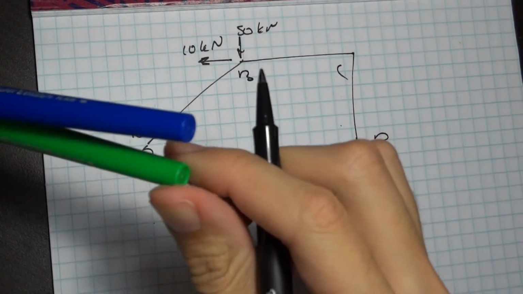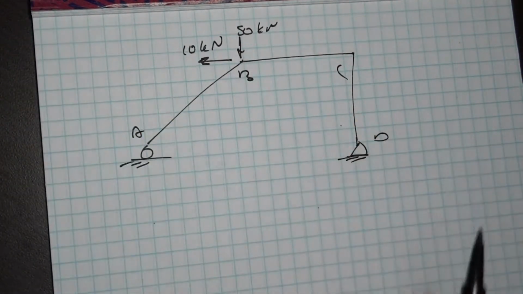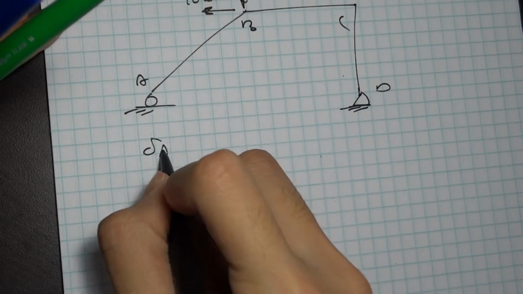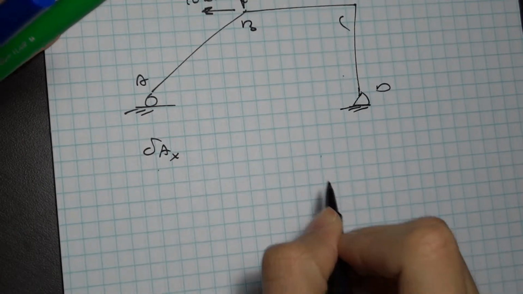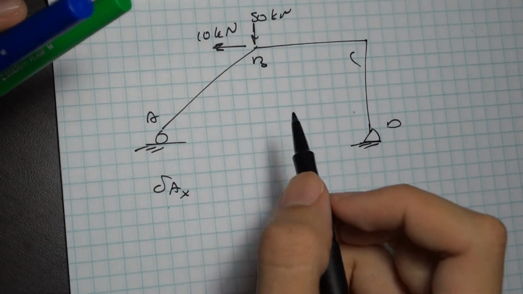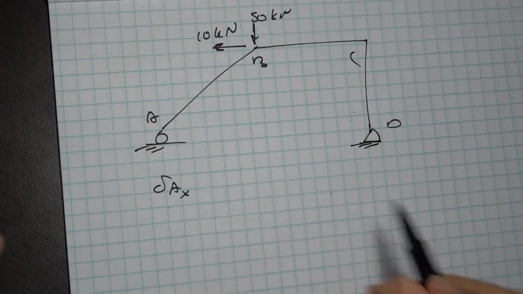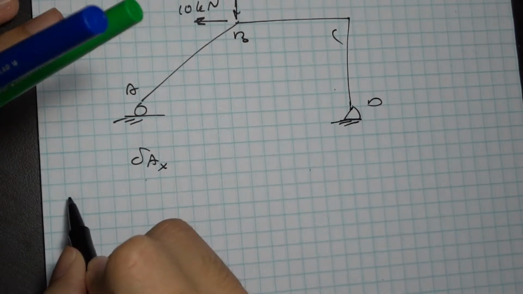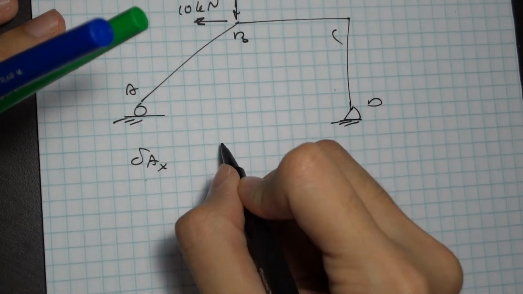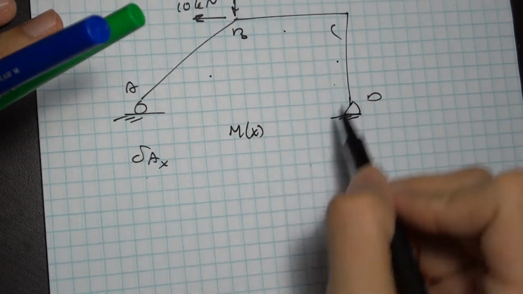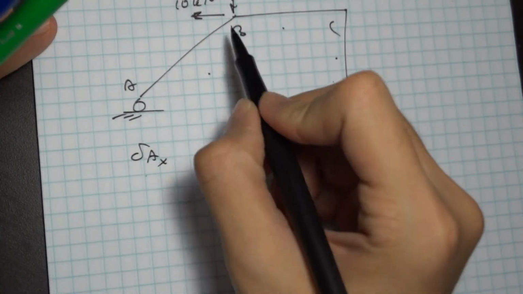But yes, if we want to find, let's start by finding delta AX, the horizontal displacement in the x direction. First, let's step back. You're going to draw your charts again. Find the moment in each of these arms due to your original loads.